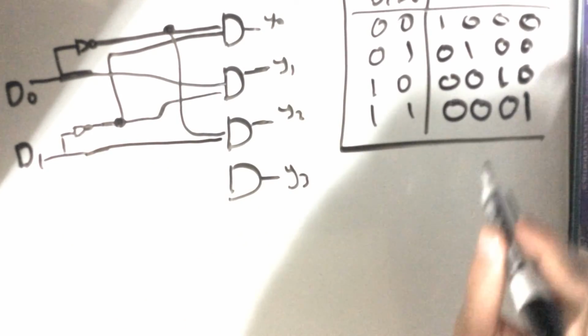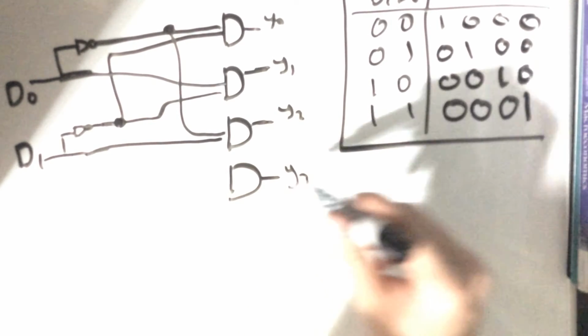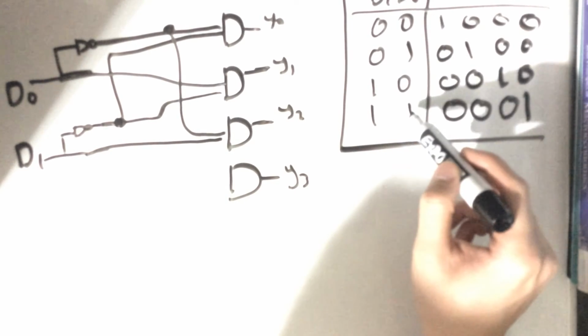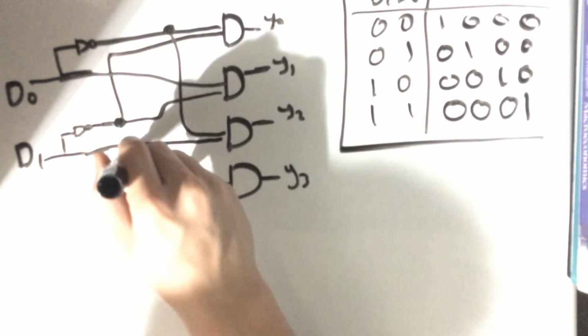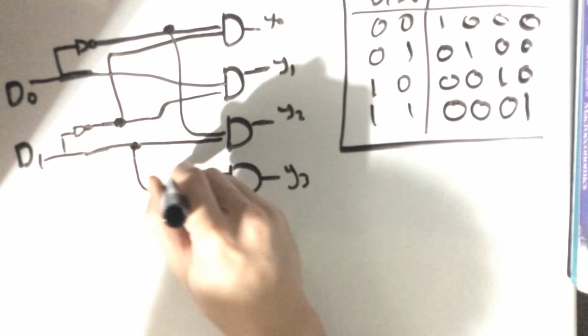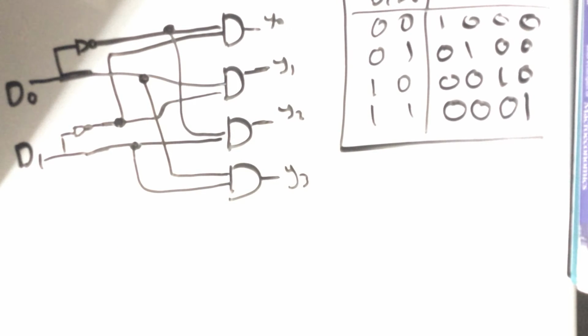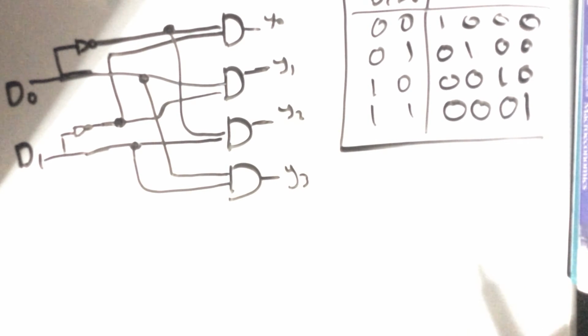Lastly, when Y3 is set to 1, D0 has the value of 1, and so does D1, so we connect it right there. That looks a little messy, but I'm sure you can draw this a lot better than I can. Just remember, base it off the truth table and you will be just fine.